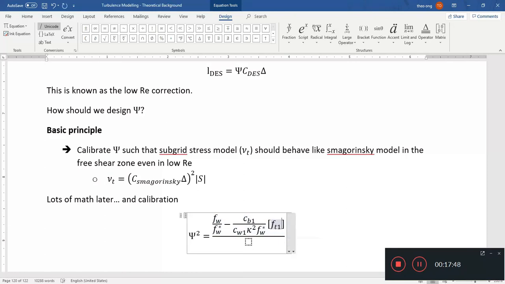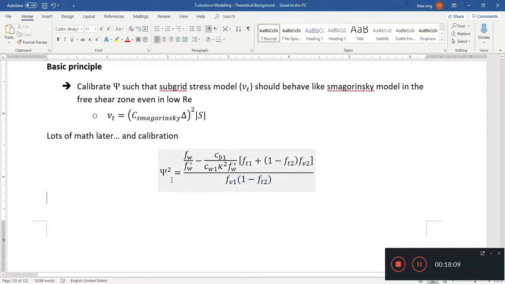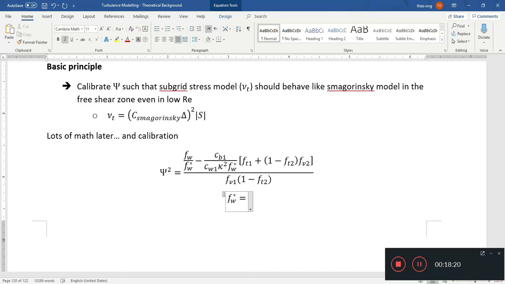Let me type this: 1 minus Ft2. I'm just copying from the paper, you'll be able to find it online. And the denominator is this Fv1, 1 minus Ft2. So this is what the psi squared looks like. Now, what is this Fw star? Fw star equals 0.424.